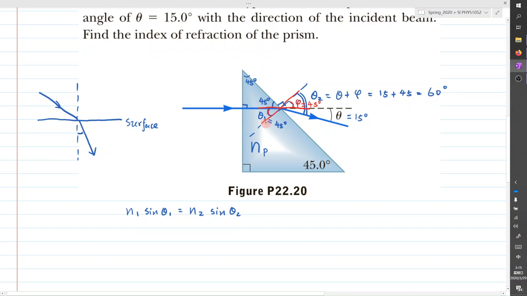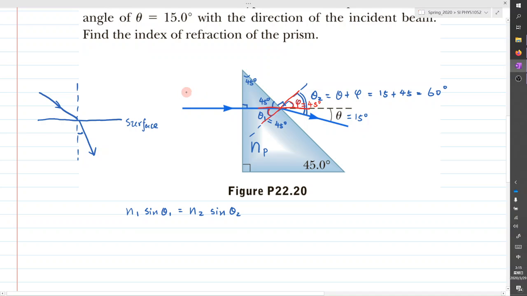So we now have theta 1 and theta 2, but we can't solve this equation unless we know either n1 or n2. And here's the other assumption that kicks in. I'm going to assume that the medium the light is traveling in before it hits the prism is air, or vacuum, even better.